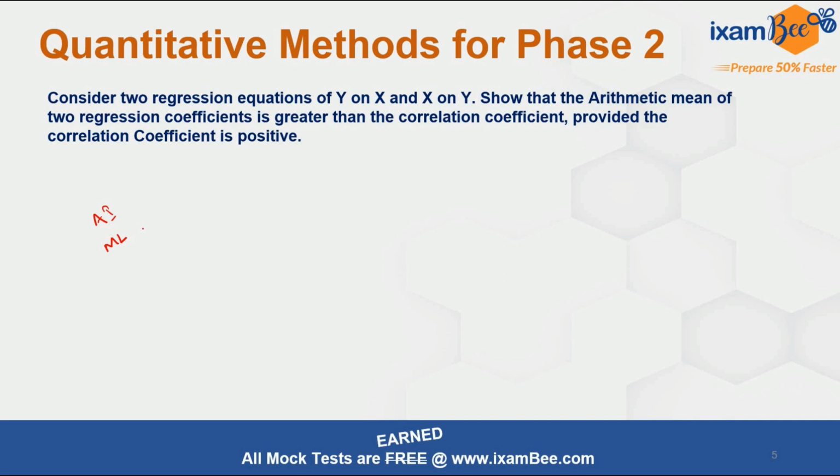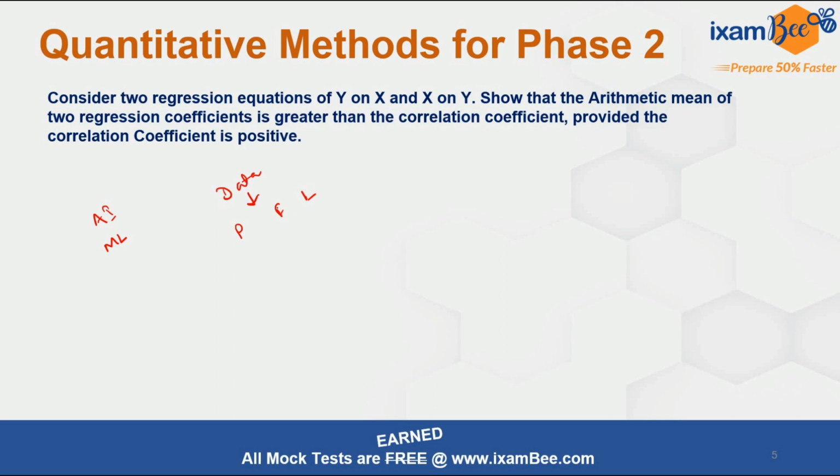Then you could be tested upon index numbers also in this module, to calculate price index numbers. You could be given some data, and out of that data you could be asked to calculate the Paasche price index or the Fisher's or the Laspeyres price indices.